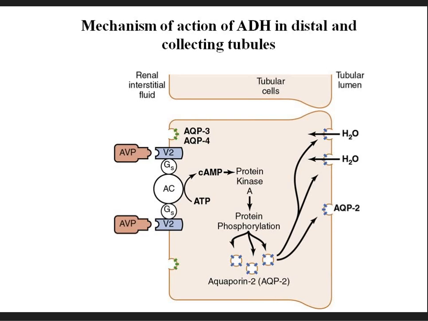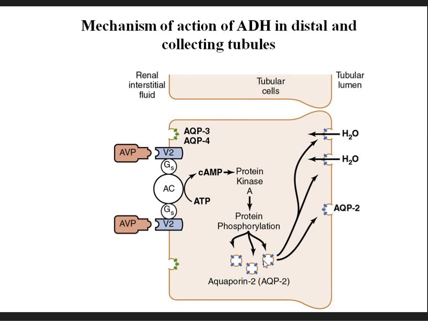When the G protein gets stimulated, ATP gets converted by the adenylate cyclase pathway to cyclic AMP, which causes protein kinase A formation, which causes phosphorylation of proteins, and this causes new protein formation. These new proteins which are formed are aquaporin molecules. So this is aquaporin 2 which is formed.